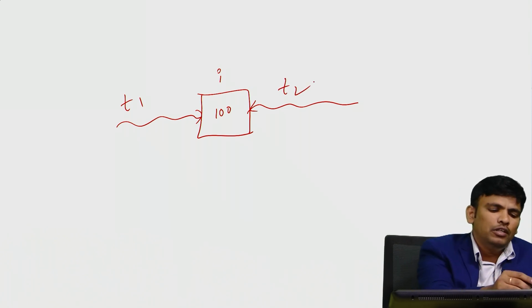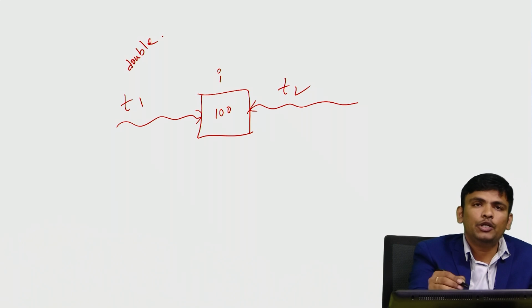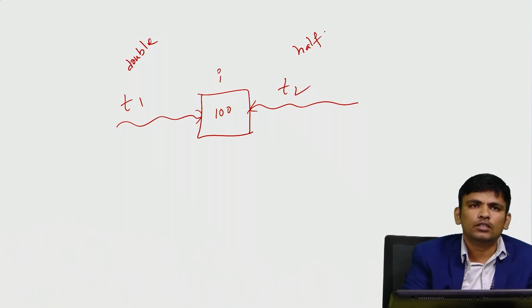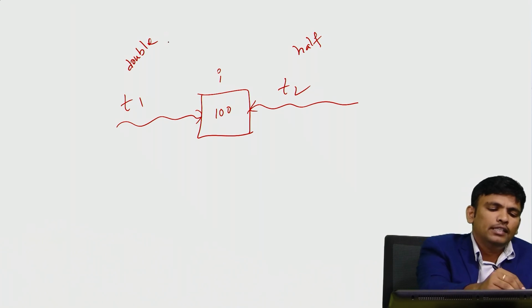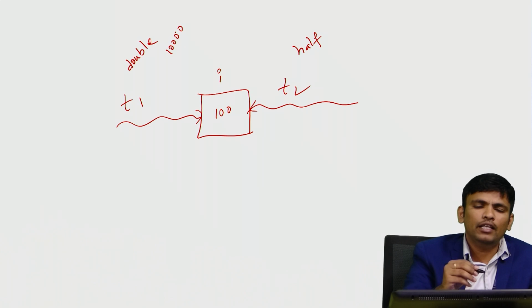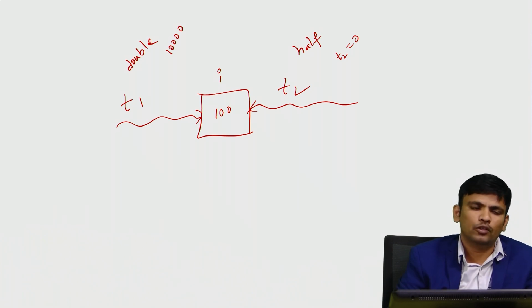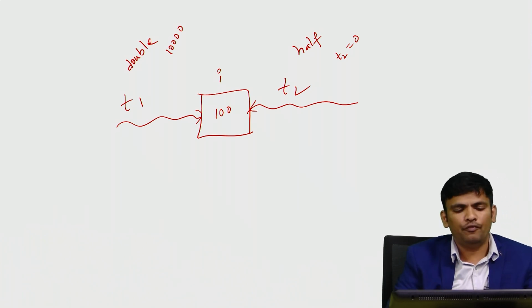T1's duty is to double this value and T2's duty is to halve this value. You need to stop T1 if it reaches 10,000, and stop T2 if it reaches 0. Now we need to execute these two threads.